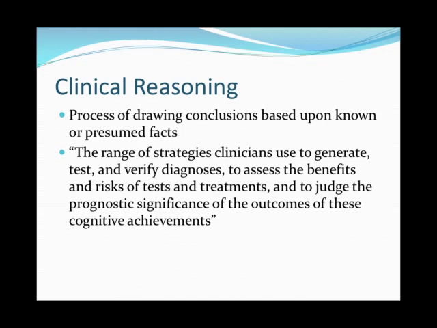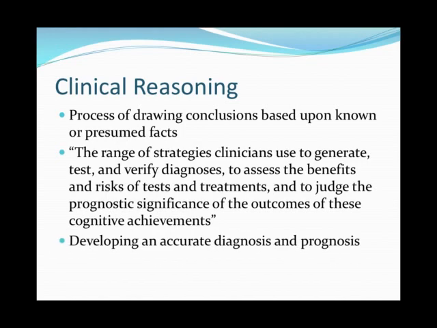So other people would say it's the range of strategies, where a doctor is going to use a group of strategies to generate different possible diagnoses, to decide what tests he's going to order, how he's going to verify a diagnosis, the strategies he's going to use to decide what tests and treatments have more benefit or have more risk, and also to judge the prognosis for a patient.